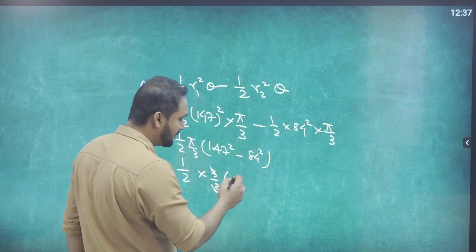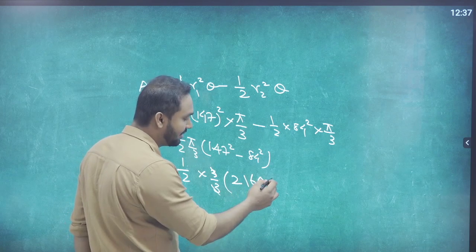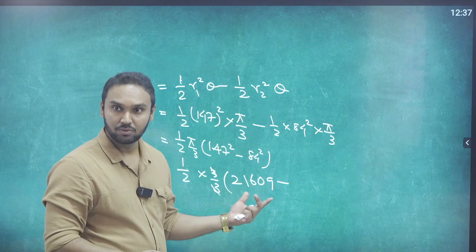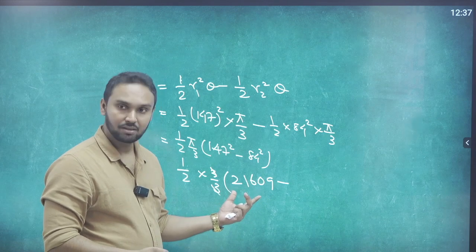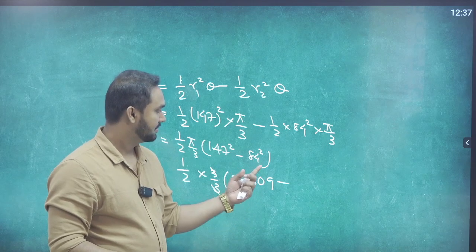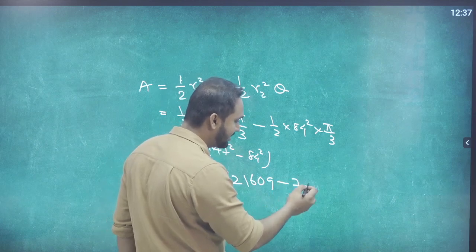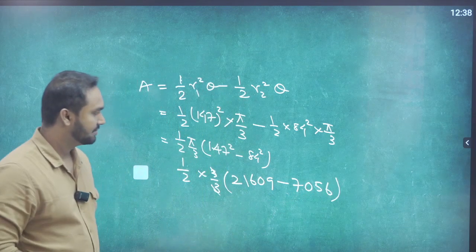Just tell it in numbers. 21,609 minus, and there's more. Yeah, tell it in number. 7056. Okay, and tell me the deducted.